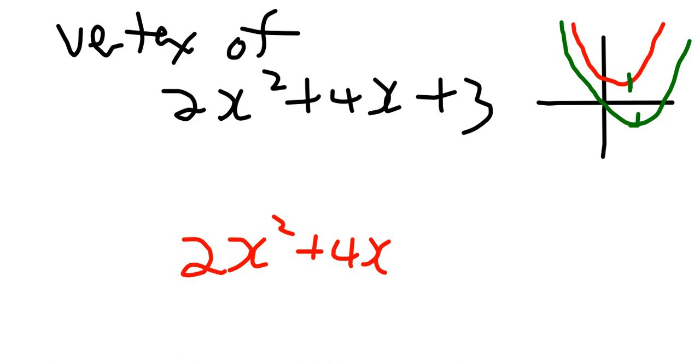What's the vertex of this going to be? You can pull 2x out as a common factor, and you end up with 2x times x plus 2, because 2x times x is 2x squared, and 2x times 2 is 4x.